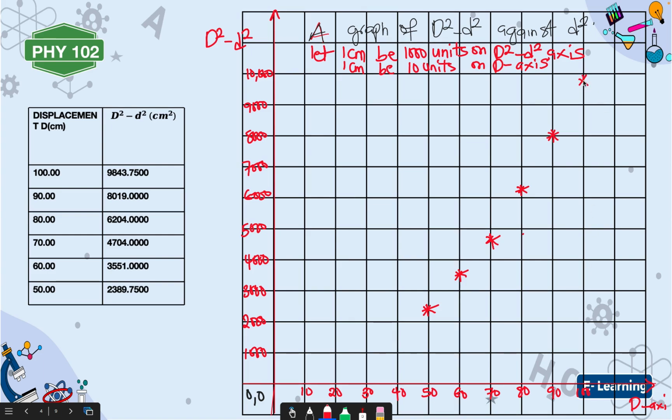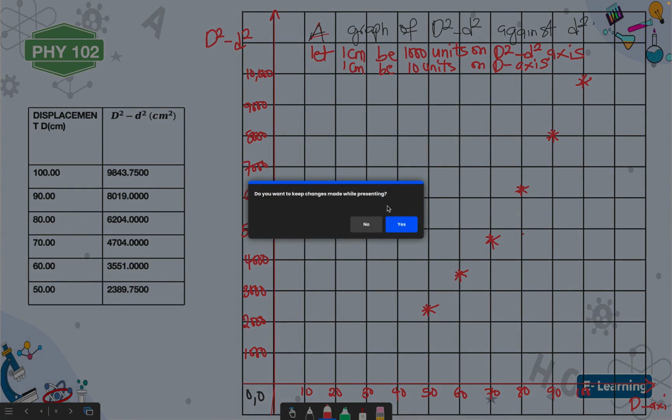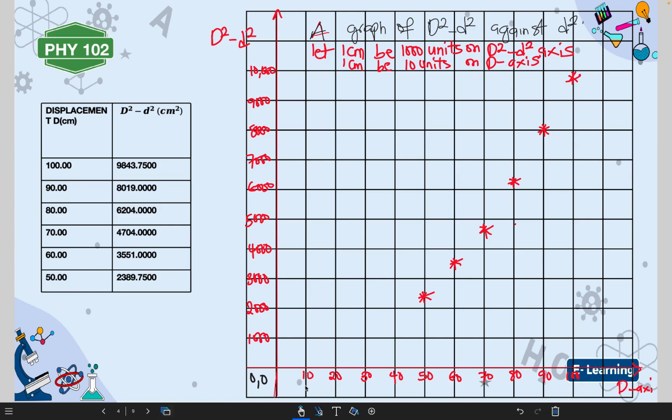So we have 9800. So we need to draw our line of best fit. It's giving a curvish line like this if you go, but you have to draw a straight line because this graph is the graph of a straight line. All right. So let me stop presenting first so that I can get that option to rule.